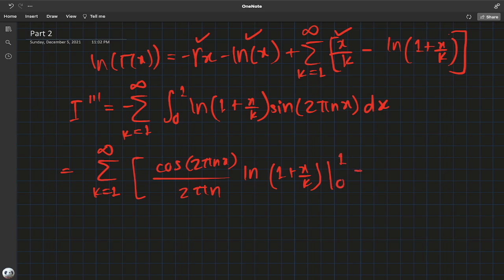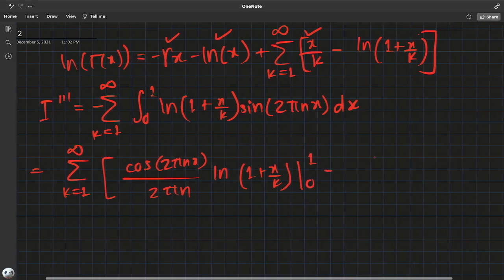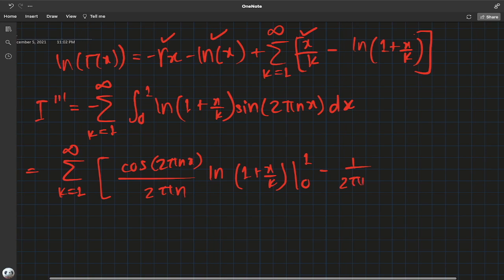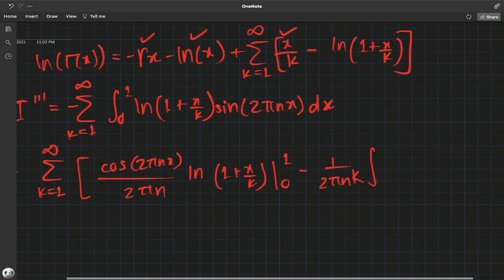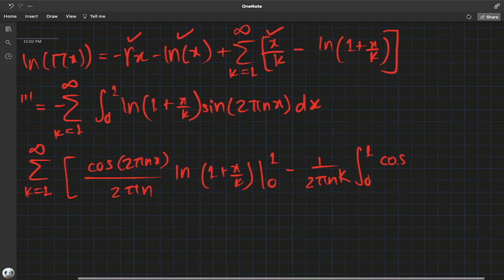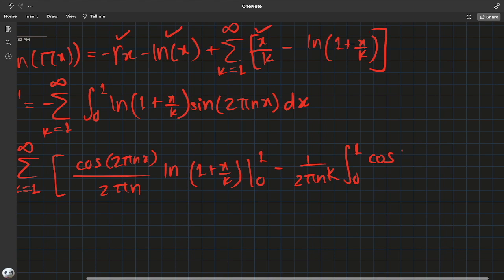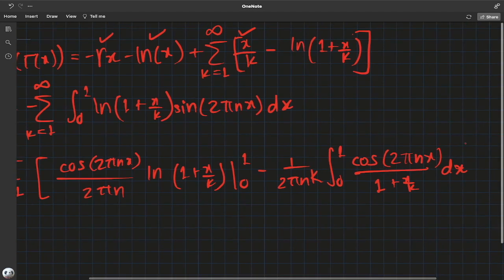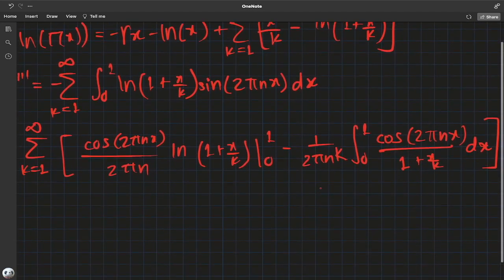From 0 to 1 minus, I believe, 1 over 2 pi n k. I'm just skipping some steps. You can see by differentiating. Pause the video if you want, differentiate the natural log of 1 plus x over k and obtain the prefactors. 1 plus x over k dx. There we go. That's it.